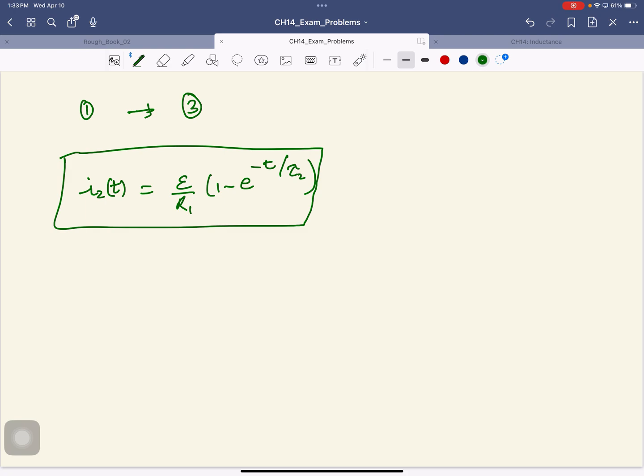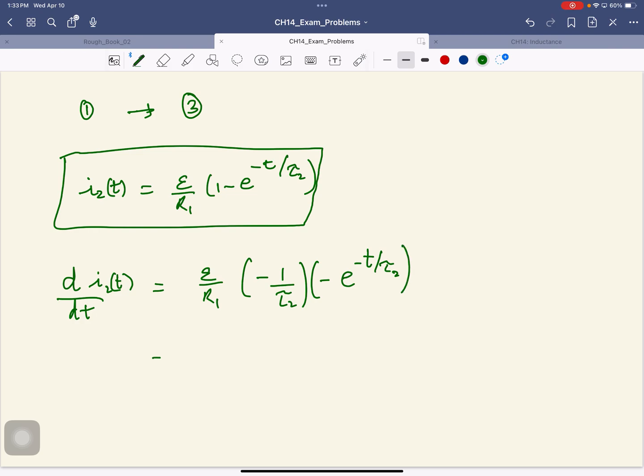So what we need is the derivative: d/dt of I2(t) is E over R1 times minus 1 over tau 2, with the exponential.